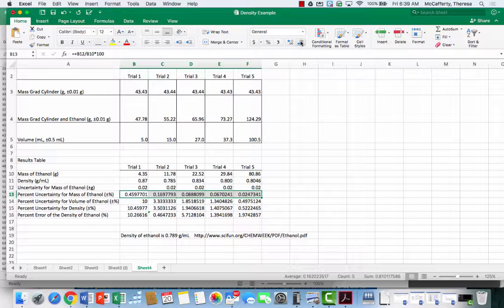All right, let's decrease those to 2 sig figs to make those go a little lower. Okay, and then percent uncertainty. Let's delete those. To 2, and then this one has to be a little different.